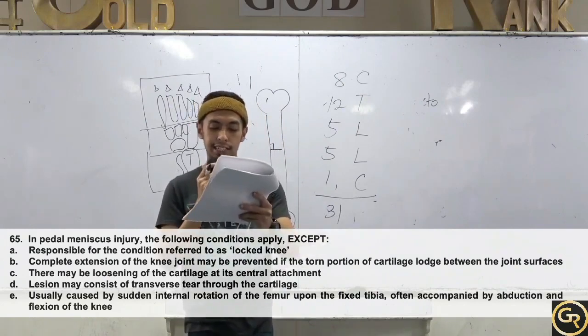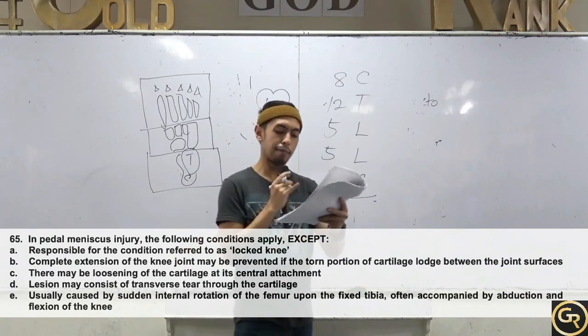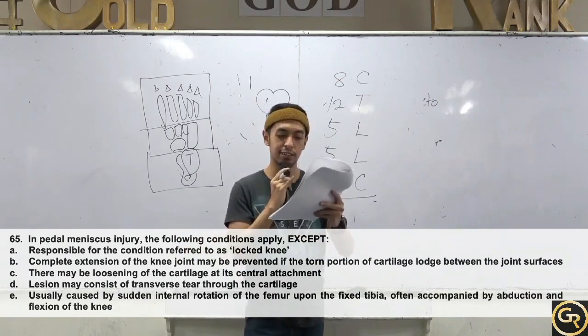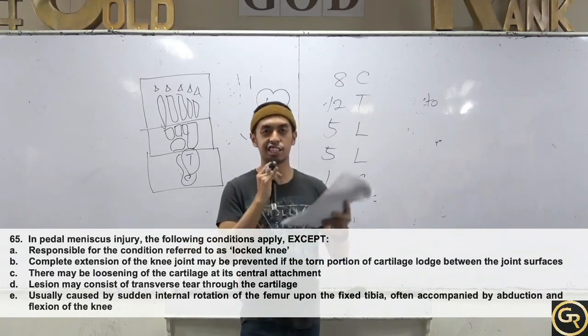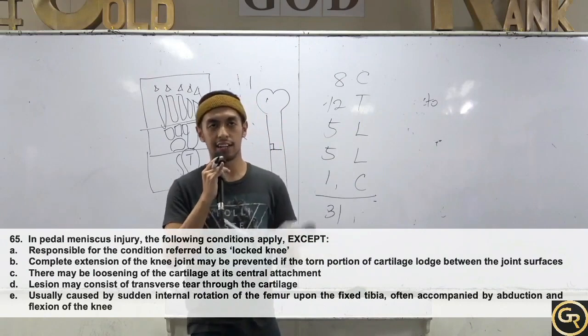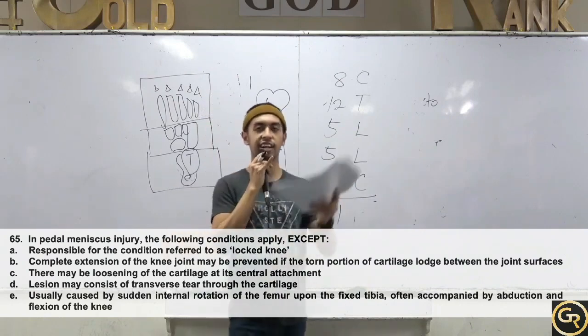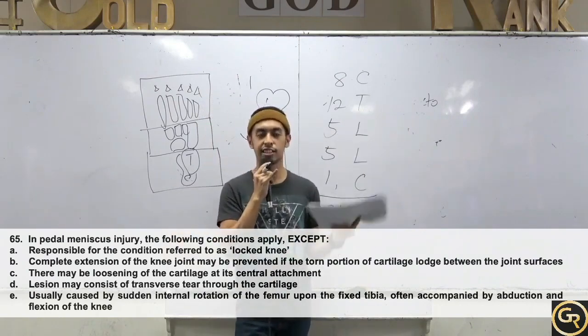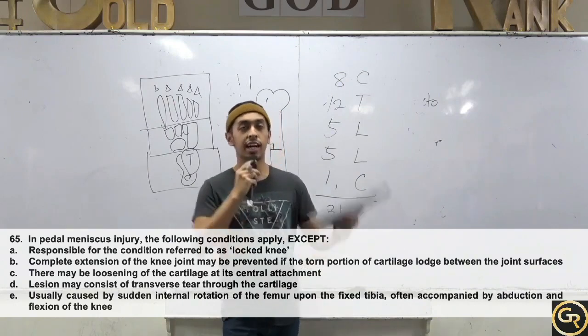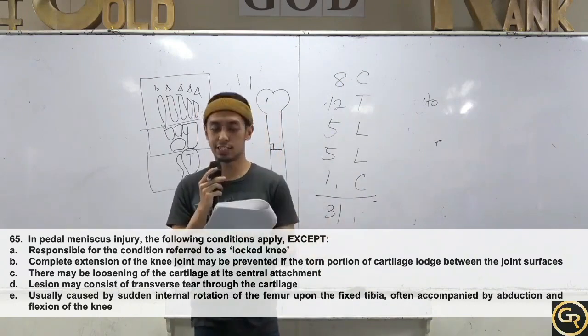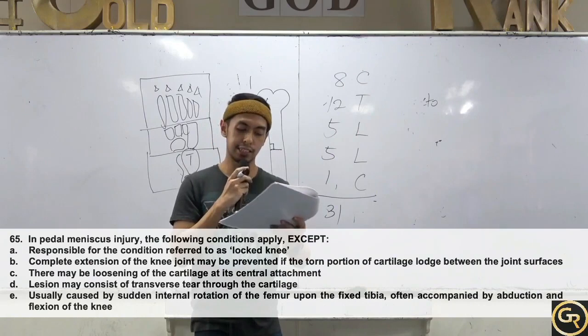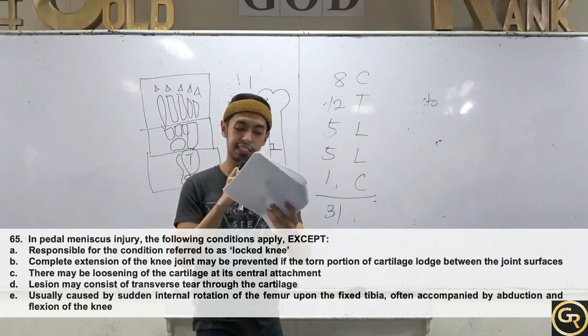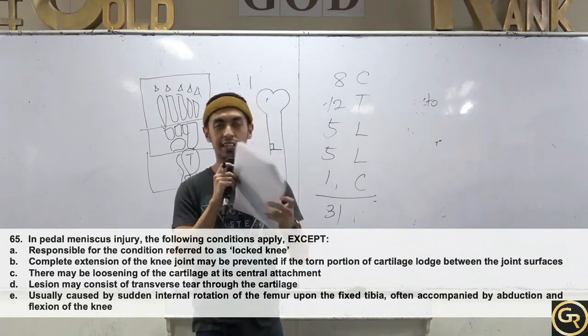Meniscus injury happens if there's loosening of the cartilage at the peripheral attachments of the meniscus. It should not be central. So for number 65, it's letter cat.